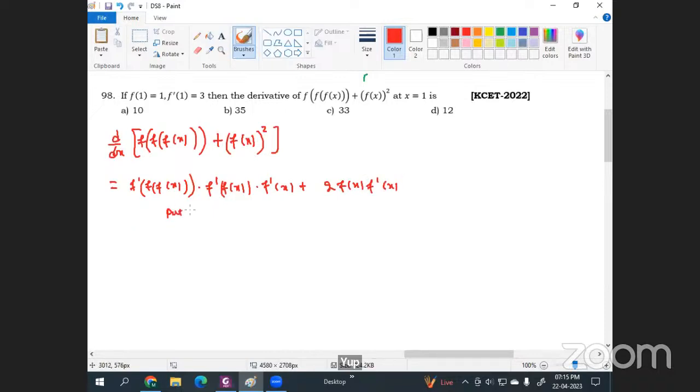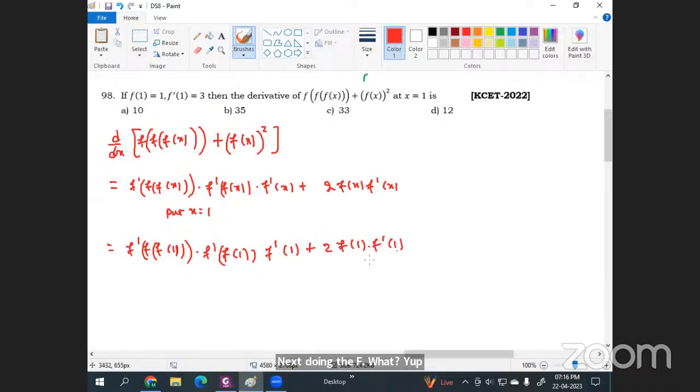So put x equal to 1: f dash of f of 1 into f dash of f of 1, right? Next, f dash of 1 plus 2 into f of 1, f dash of 1.